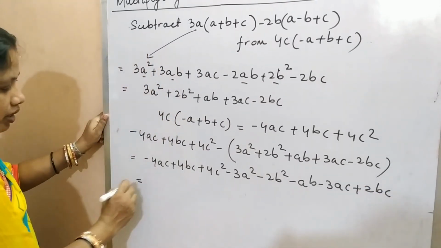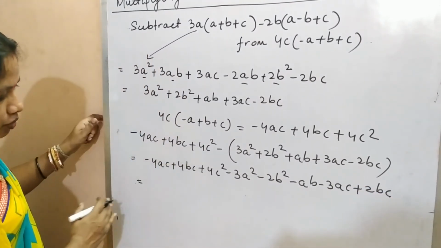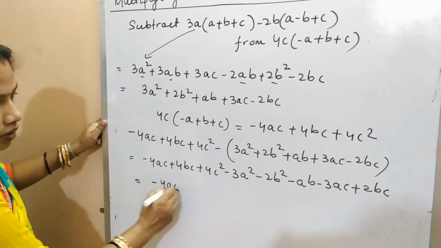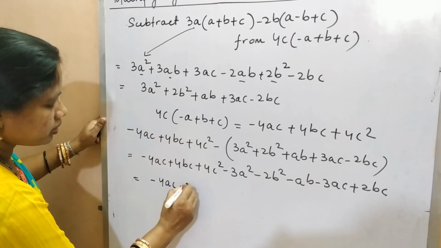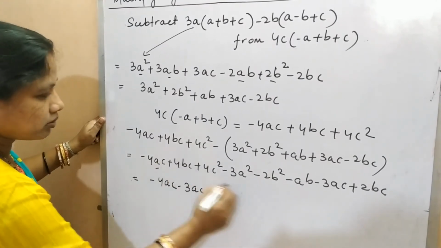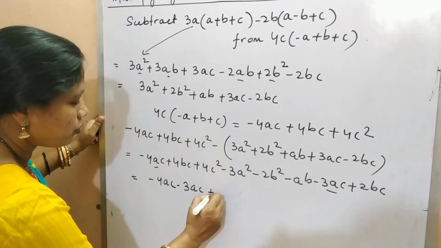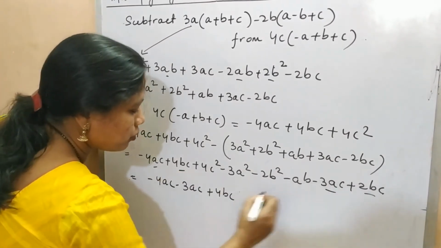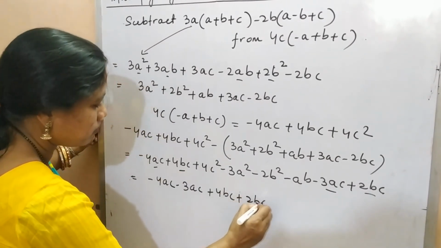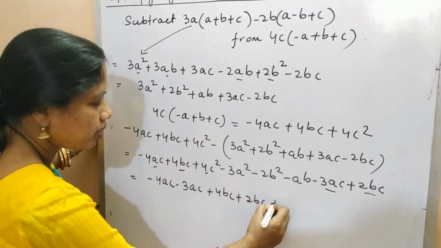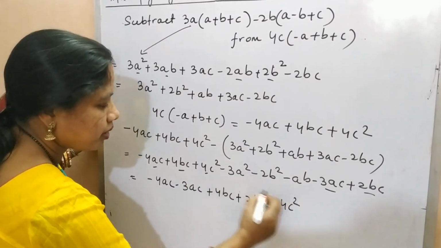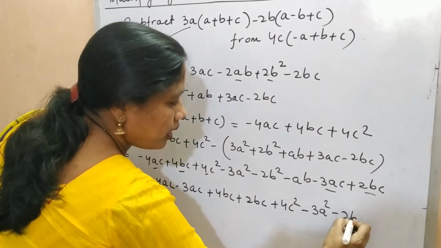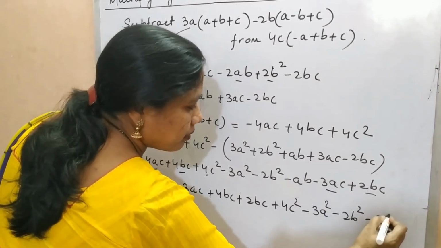Then we have to group the like terms: minus 4ac with minus 3ac, then plus 4bc with 2bc, then 4c square, minus 3a square, minus 2b square, minus ab.